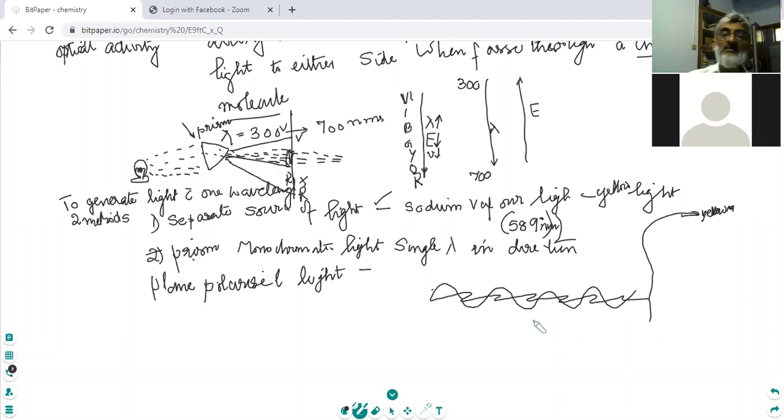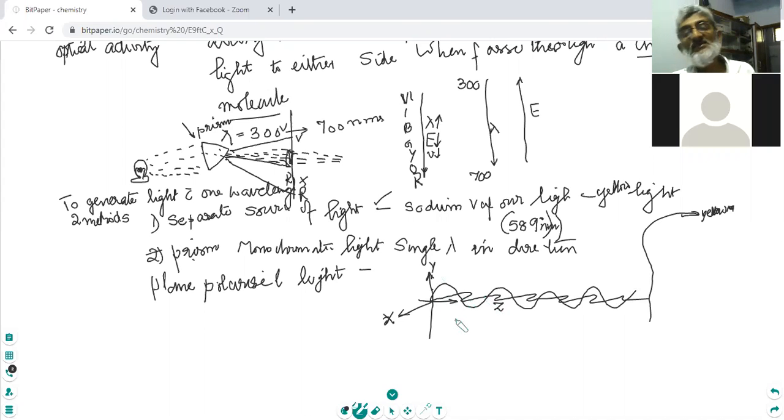See this. Can you imagine it? This is moving in the XZ plane. This is your x-axis, this is your z-axis, and this is your y-axis.